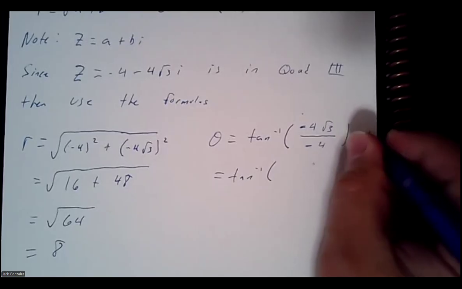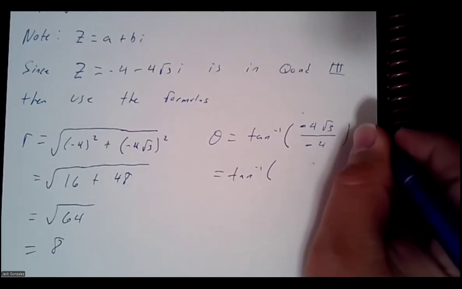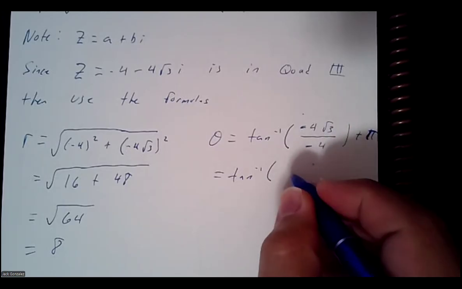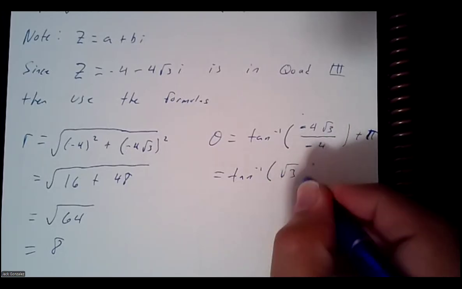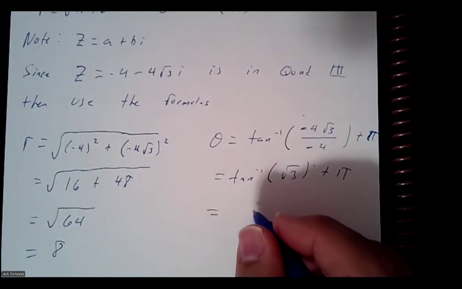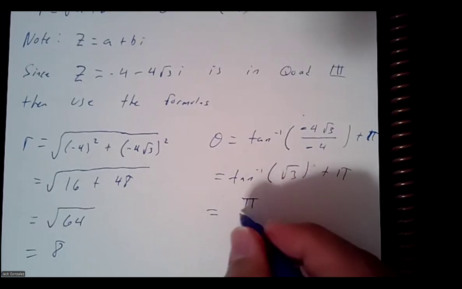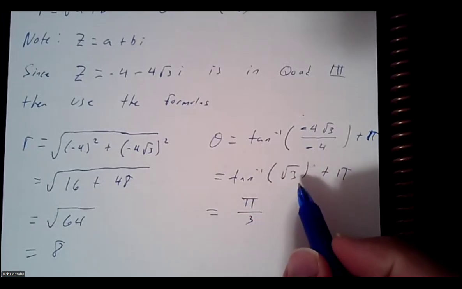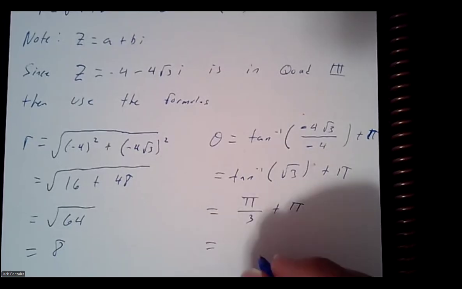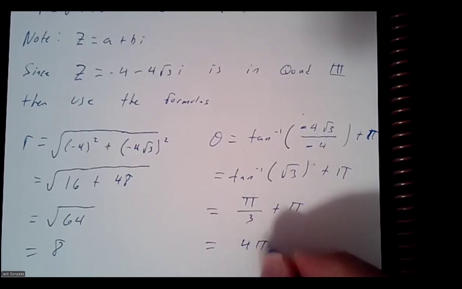Oops, don't forget plus pi. So make sure you're in radians or change it to 180. So that will be √3 plus pi. So pi, this calculator, the unit circle would be pi thirds for this. Add your pi, do your fractions, and you're gonna get 4 pi thirds.